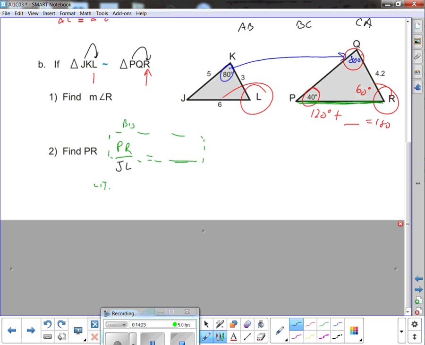So do you agree we need JL on the bottom? Now I need another top off the big. Which top am I going to choose? Am I going to go PQ or am I going to go QR? You've got to use QR because QR is the one that has the number with it. Again, I'm just showing you the letters. We'll put the numbers in a minute. And so if I went QR, then I've got to go KL on the bottom.